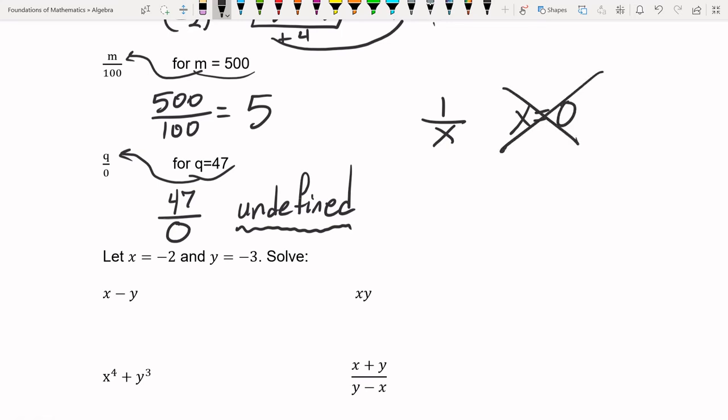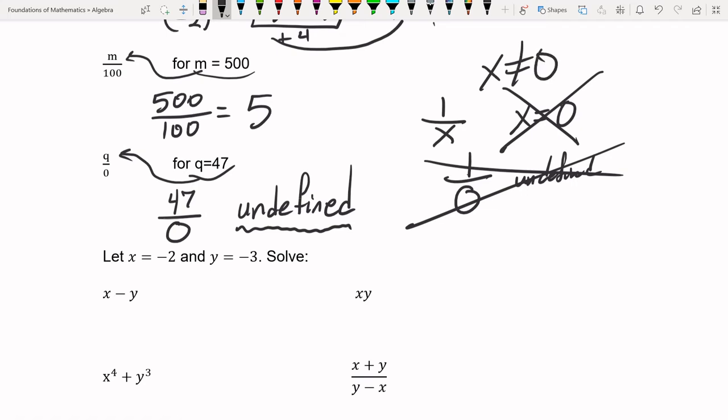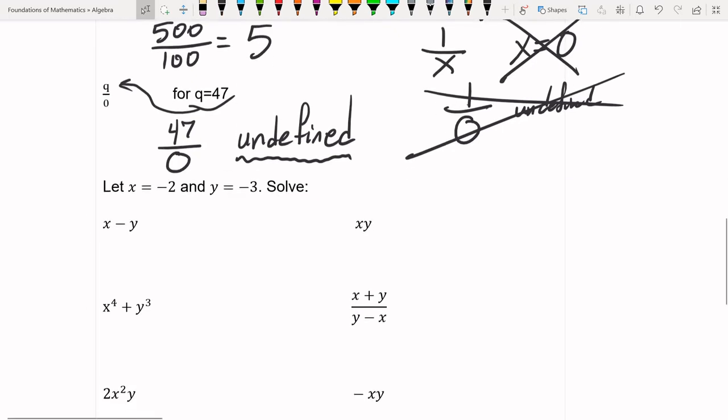That is not allowed, because then I would have 1 over 0, and that's undefined. So we don't allow x equal to 0. We would have to say x does not equal 0, and go on from there. That'll make more sense when you take a college algebra class, algebra 2 class, things like that.